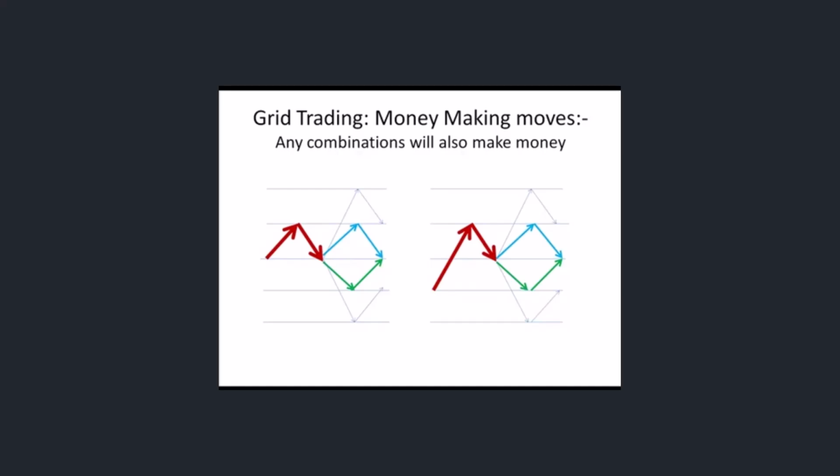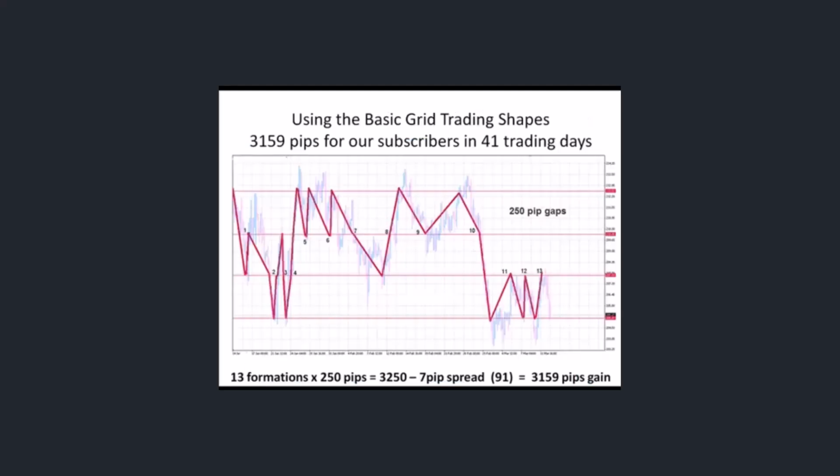So there's a lot of combinations which give you profitable opportunities. And here's an example of where we used a 250 pip gap, and there are the grid lines traded on this currency. This was a subscription transaction, and this shows the formation times 250.